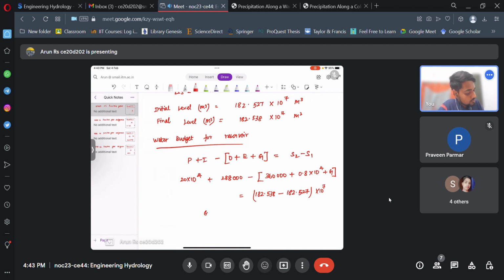So when you simplify this, it works out to be 10,000 meter cube. So this is the seepage that is happening into your ground.